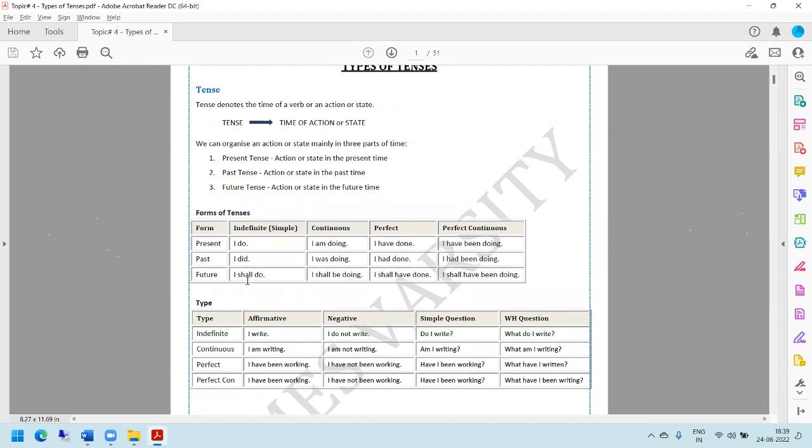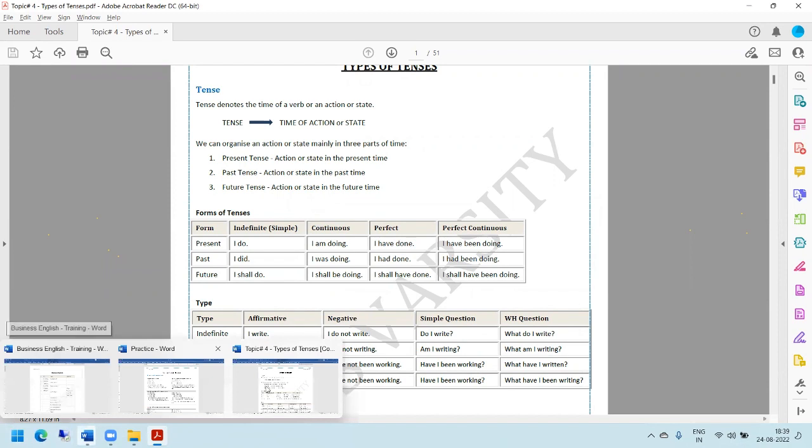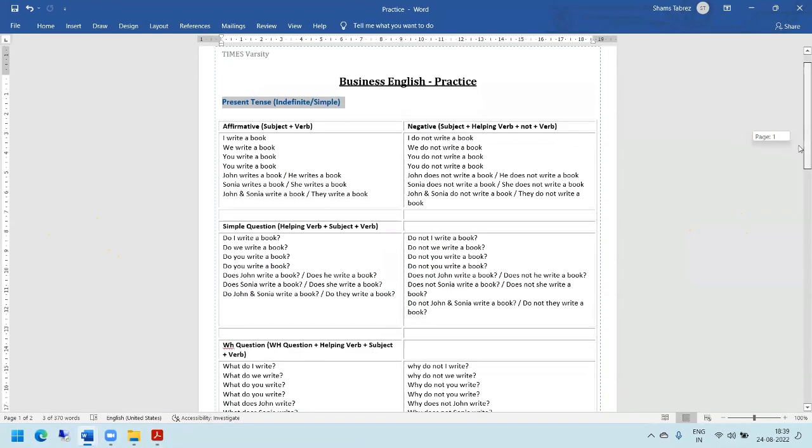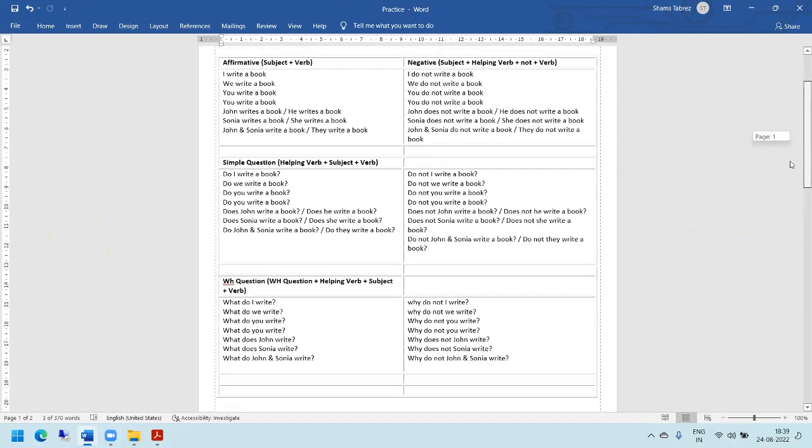So in our next session, we will start present continuous. In present continuous, again, we have affirmative, negative, simple question, and WH question. If we have a good understanding of these in present indefinite, then the rest of the things become easy.